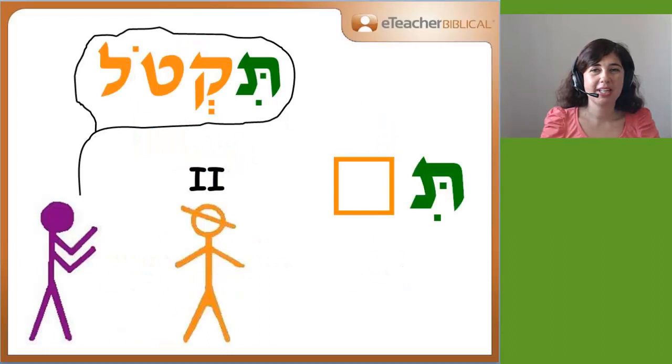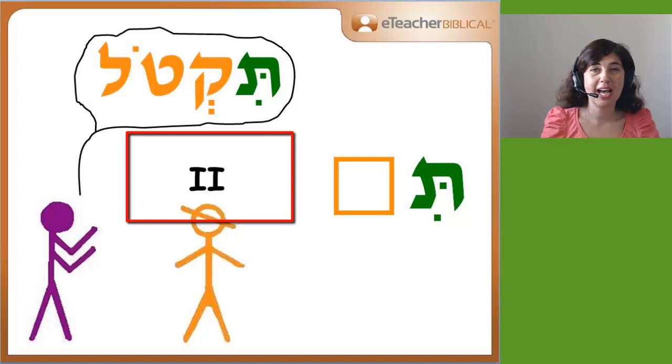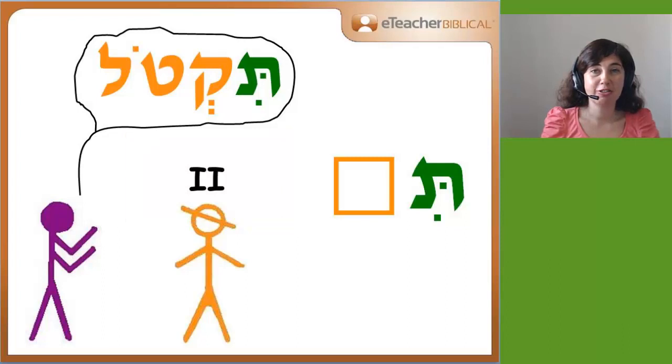Another form that you should know is the second masculine singular, ata. Ata, you, has the tav in the pronoun ata, and the same tav you can see in the prefix. So ata tiqtol.